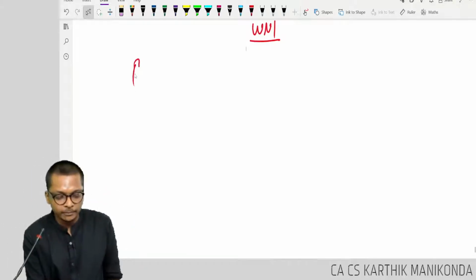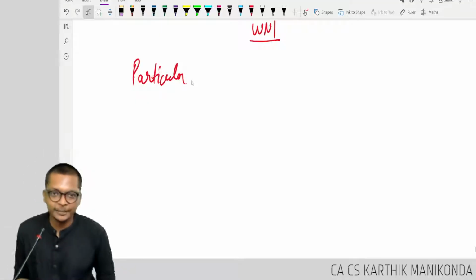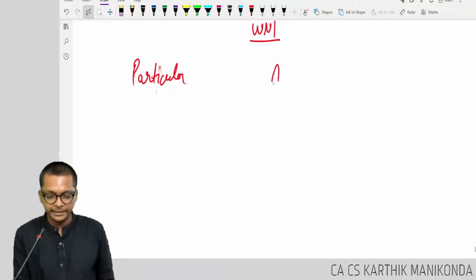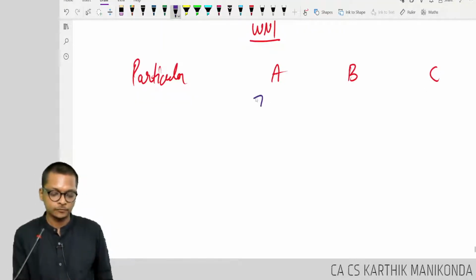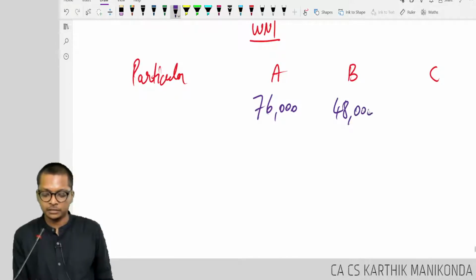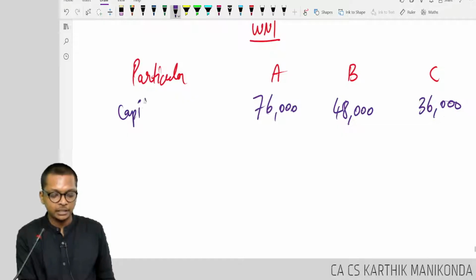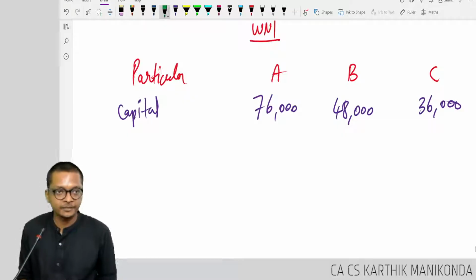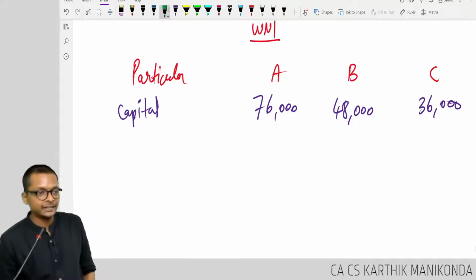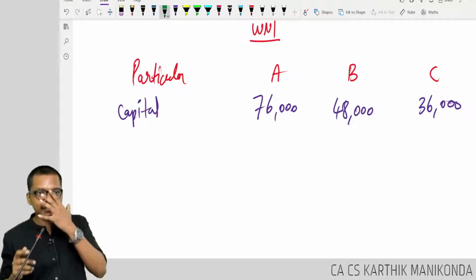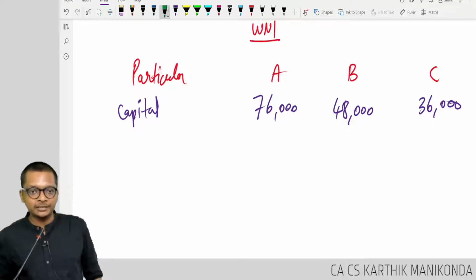So I will write down particulars. What are the partners? ABC. How much? 76,000, 48,000, 36,000 capital. From here I want you to participate with me. Okay. I will give you time to copy. Recording students, participate, because this table is the unique concept in this method.